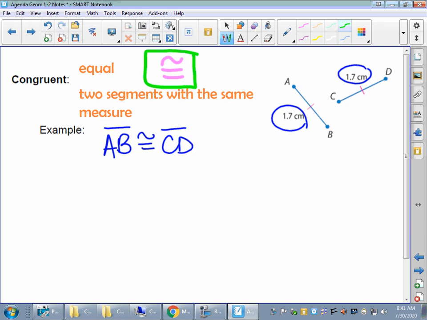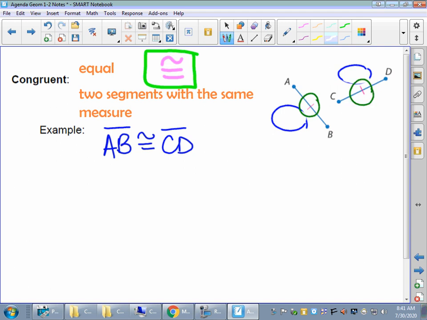However, I got a trick for you. Watch out. What if I didn't tell you that they were 1.7 centimeters? Notice they both have dashes on them, little pink dashes. That is really important. That is the congruent symbol.